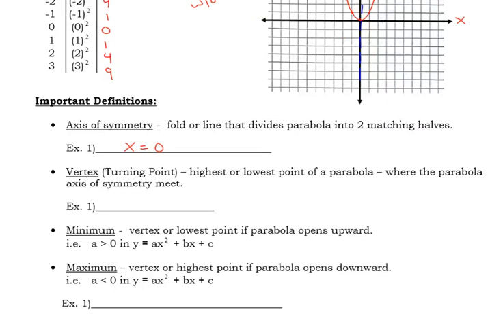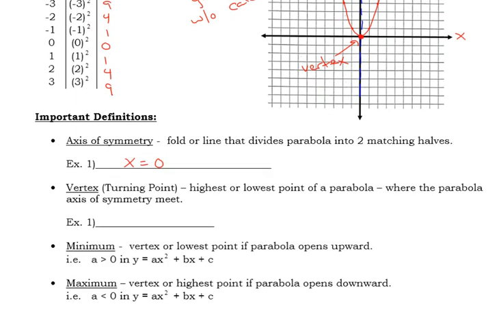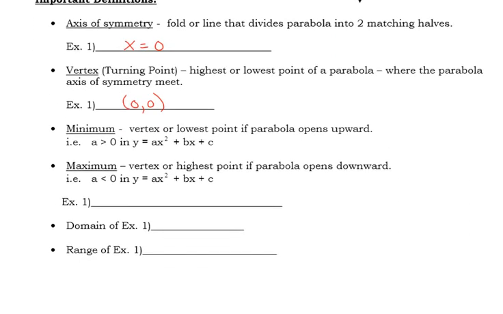The vertex is the turning point. It's the highest or lowest point of the parabola, and it's where the parabola and the axis of symmetry meet. So we have our vertex, in this case, at the lowest point of the parabola, and the vertex is the point 0, 0. Now, when we talk about parabolas, we also talk about minimums and maximums.